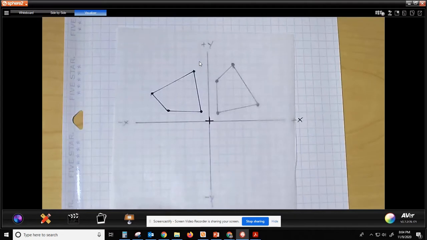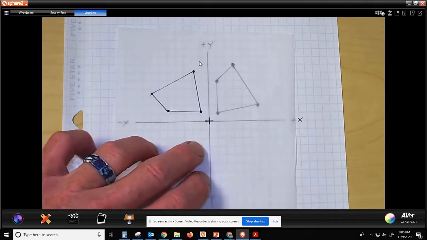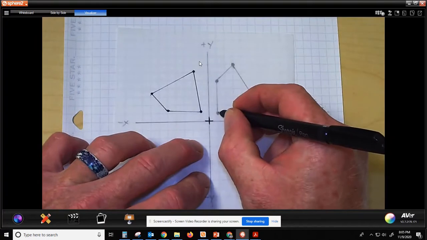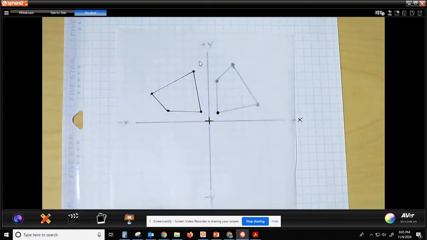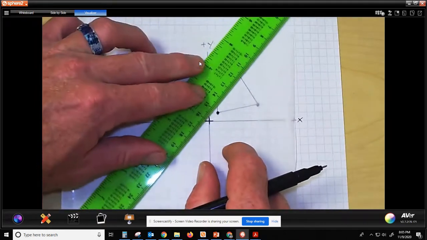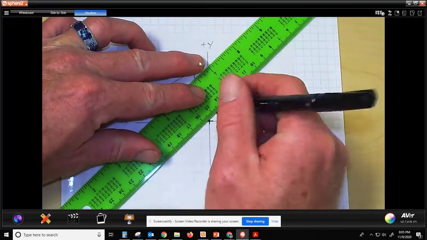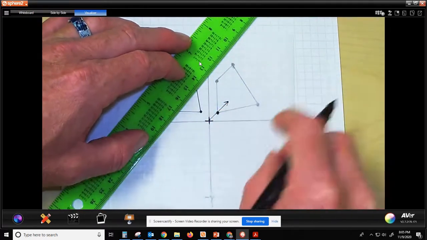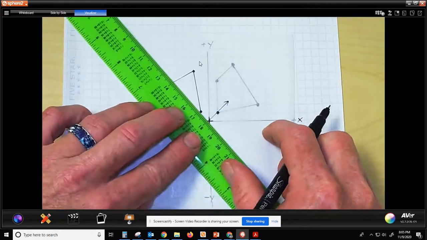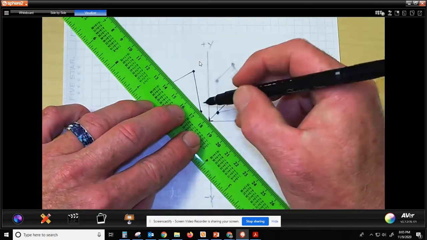Okay, my angle of rotation. Rays drawn from the center of rotation to a point and its image. So let's illustrate this. Here's my original point, and I'll use a straight edge. We know we rotated it 90 degrees, so I'm going to draw an arrow here. And here is my image. So from pre-image to image.